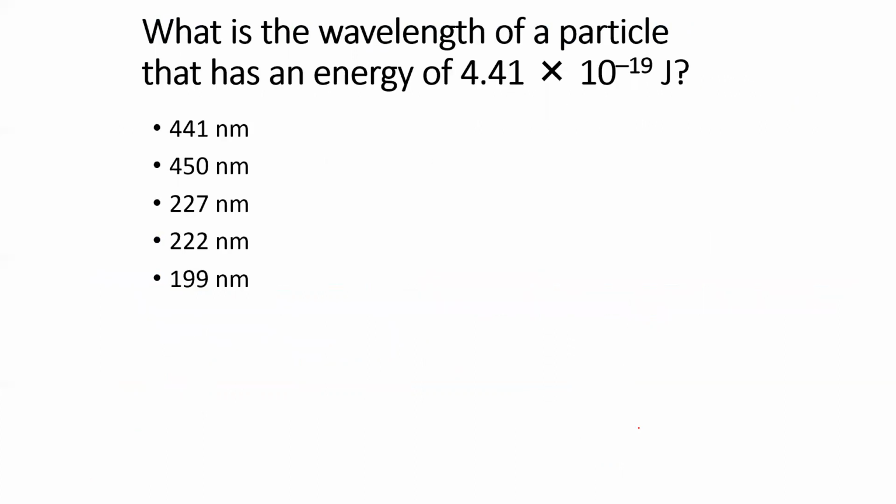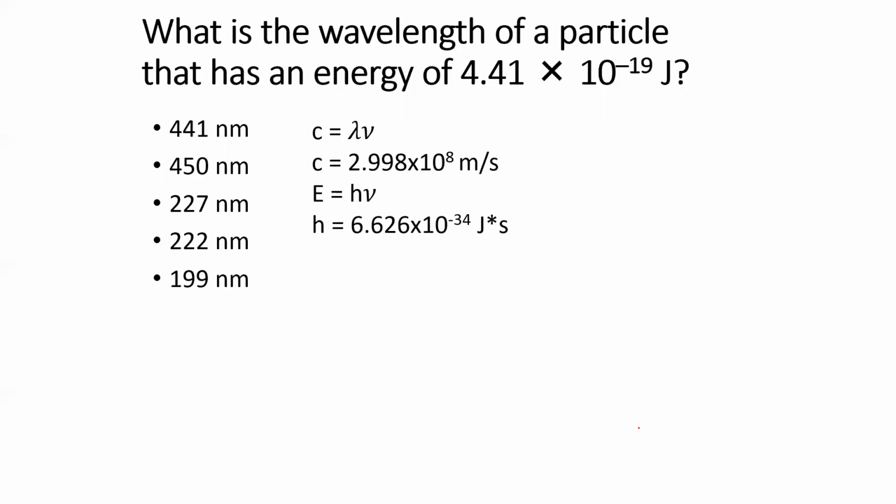So what is the wavelength of a photon that has energy of 4.41 times 10 to the negative 19 joules? It's not a lot of energy, but we're just talking about one photon of light. We're going to need two equations and two constants.